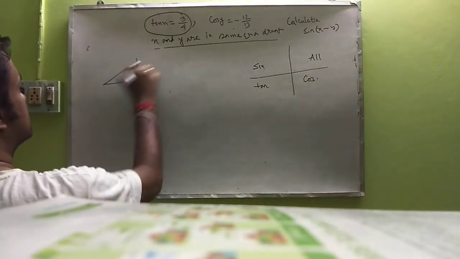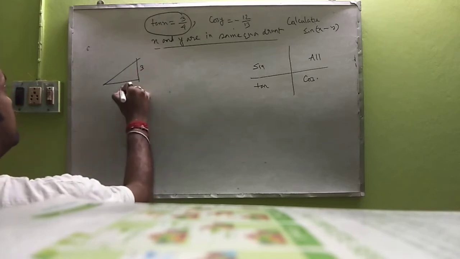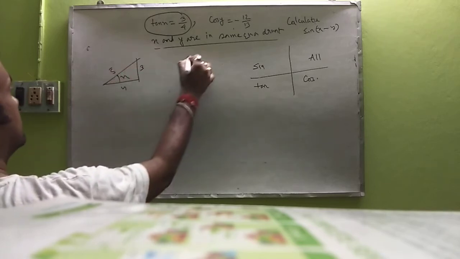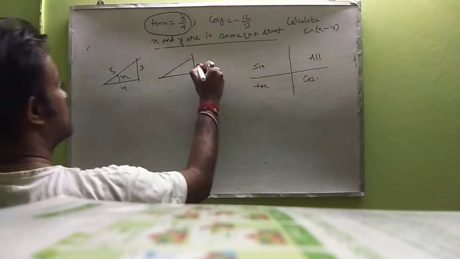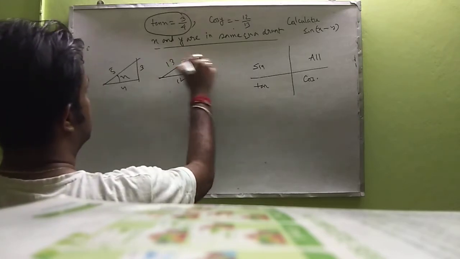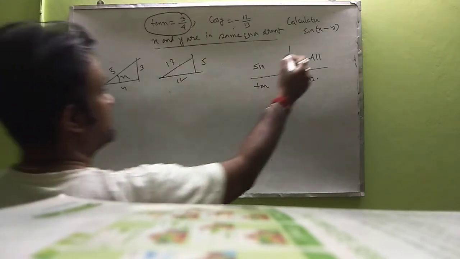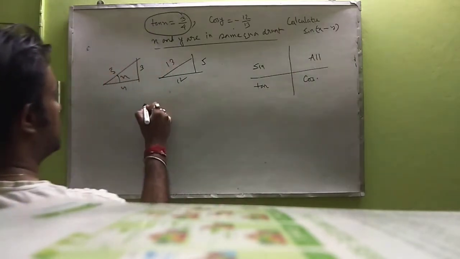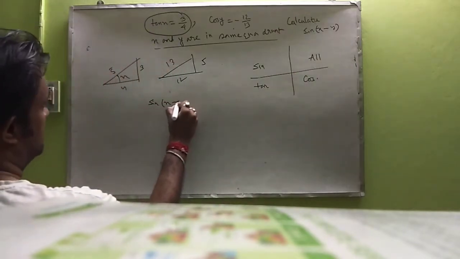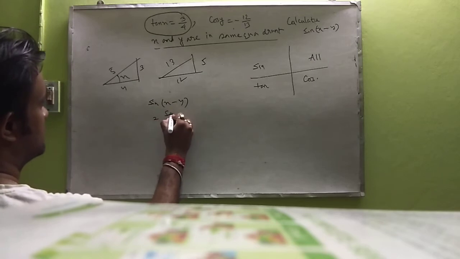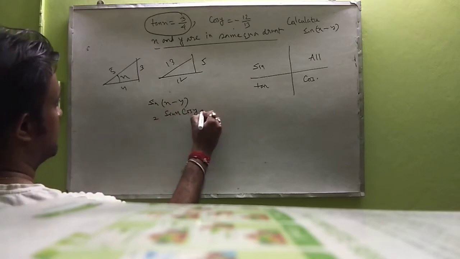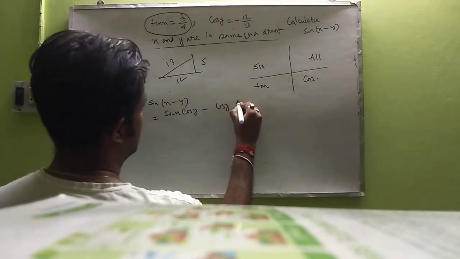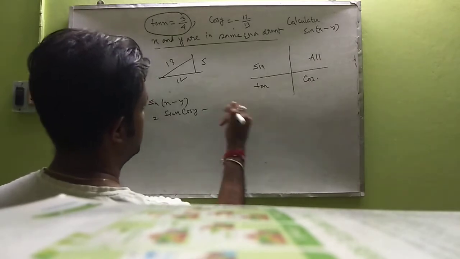If we draw this triangle 3, 4, 5 and this one 12, 13, 5, we have to calculate sine of x minus y, which is sin x cos y minus cos x sin y.